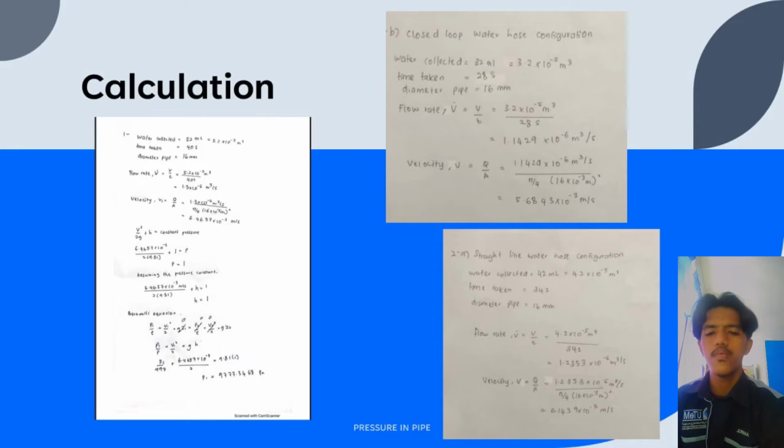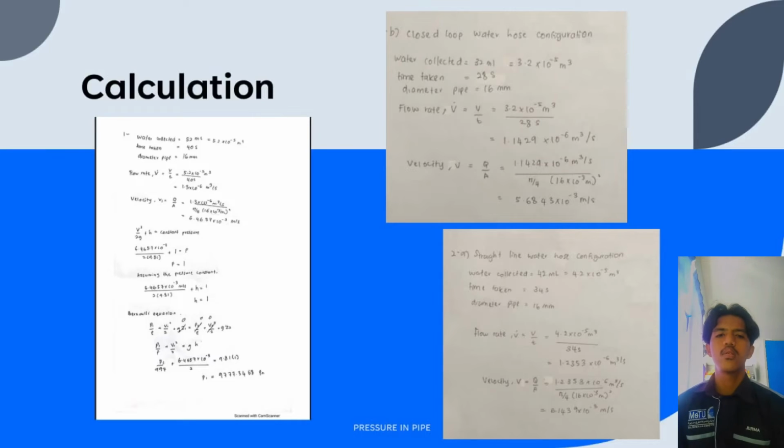For the flow rate, using volume over time, we get 1.2353 exponent negative 6 meter cube per second, while the velocity we get is 6.1435 exponent negative 3 meter per second.